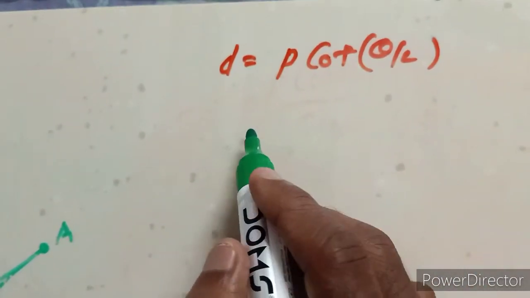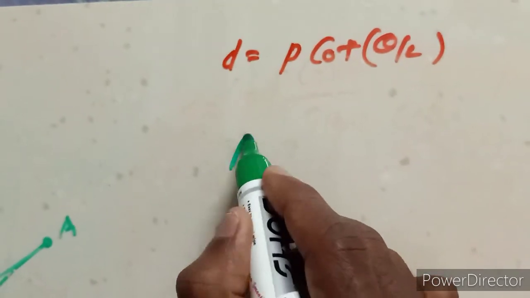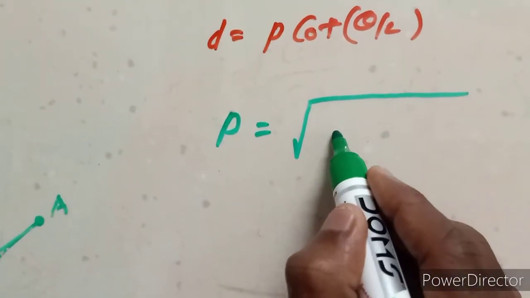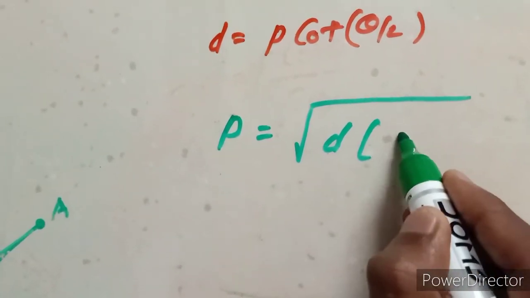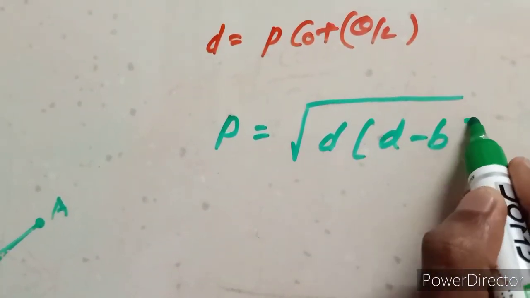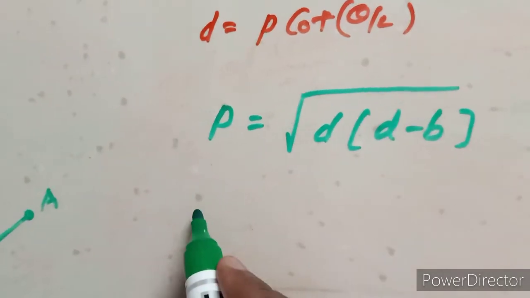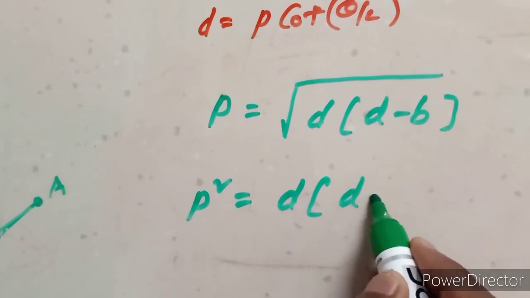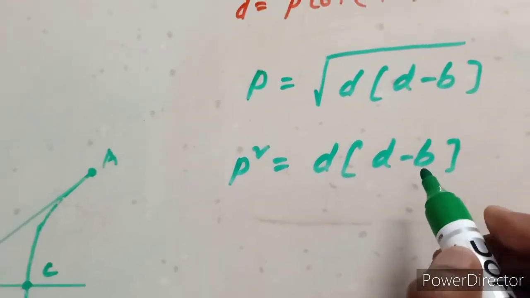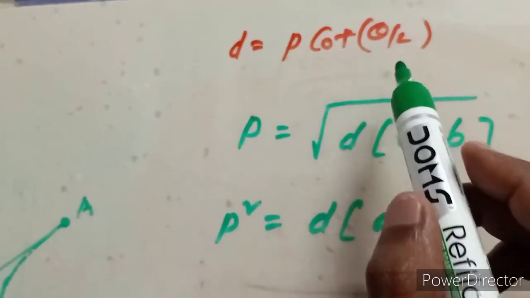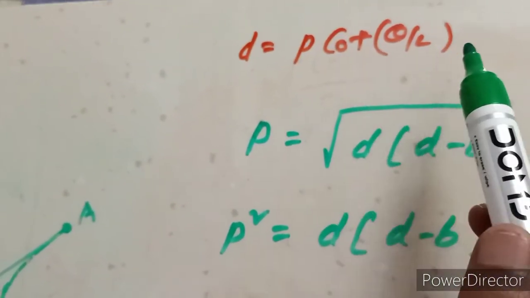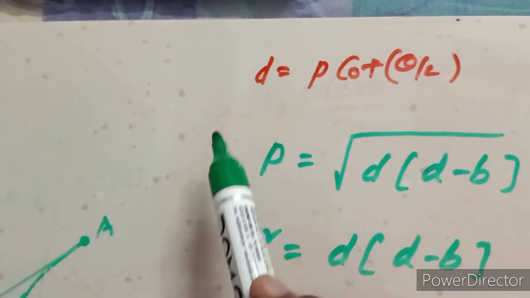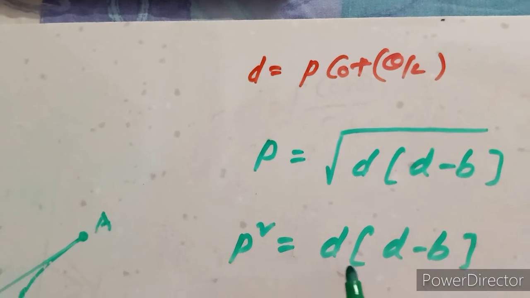We know that impact parameter P equals under root D minus B. From this equation P square equals D minus B, but D equals P cot theta upon 2. This D value is substituted in this equation.